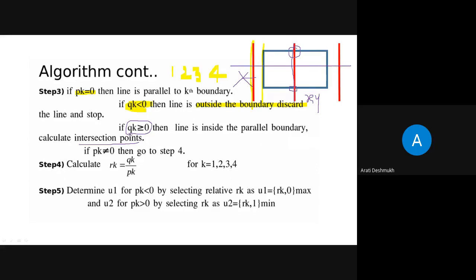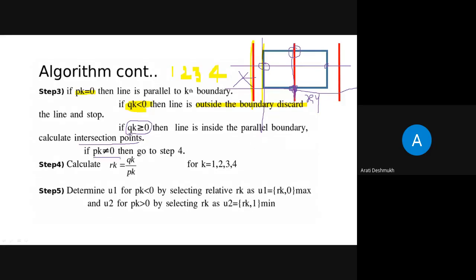If the line is like this, then x is the constant. If the line is parallel like this, then y is the constant and we want to find out only the x value.